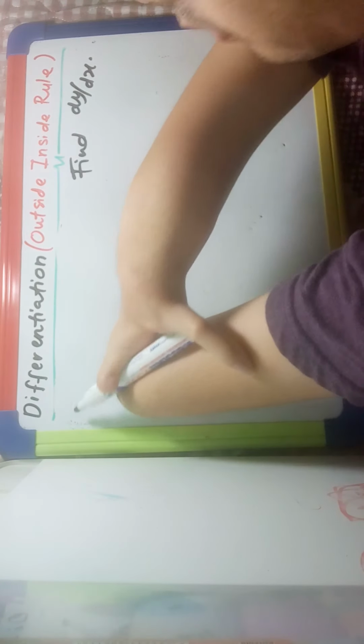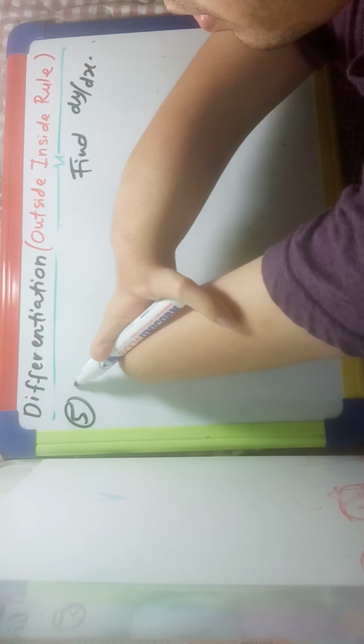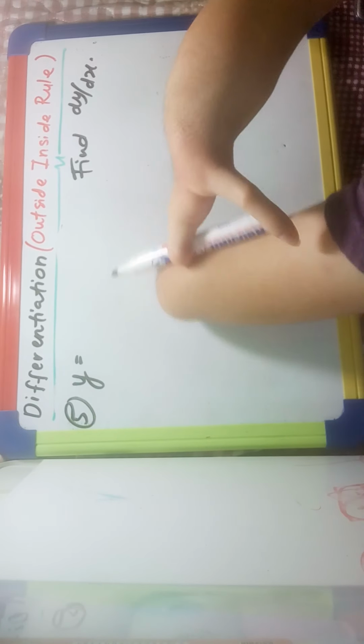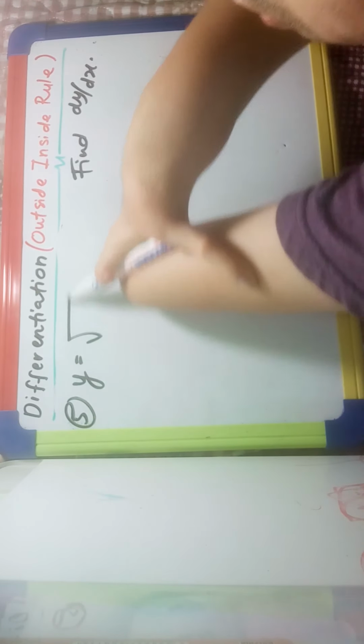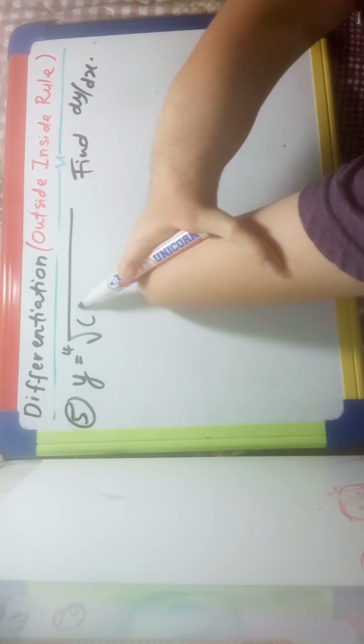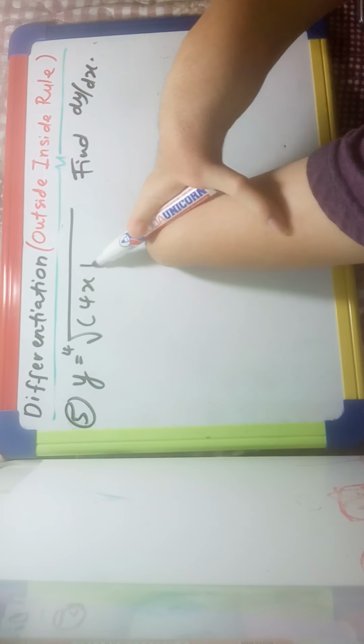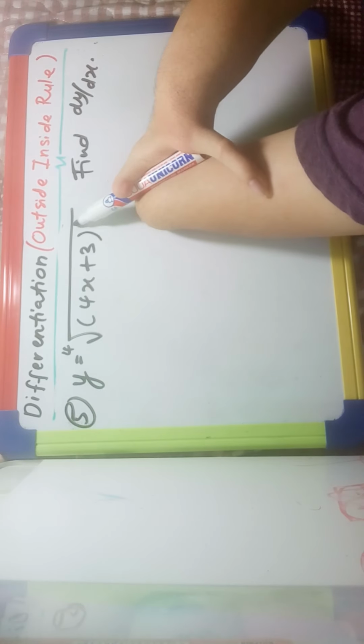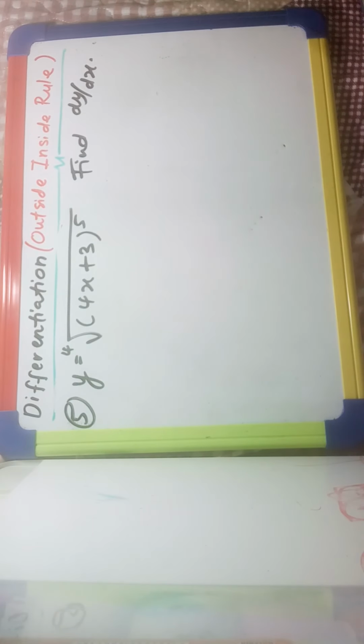Let's say we have y equal to root of 4x plus 3, the whole thing, power 5. What about this?